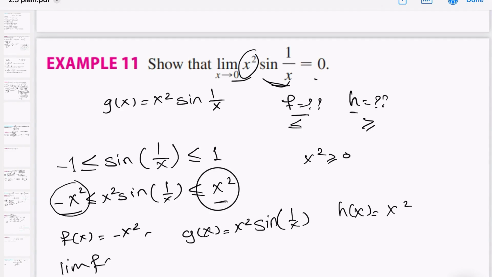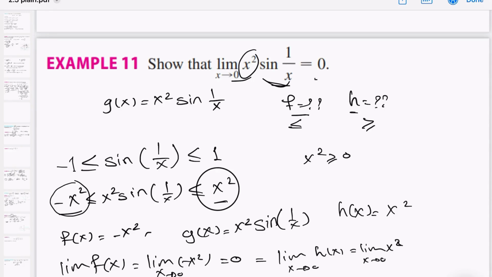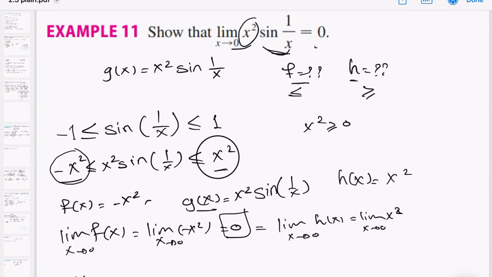The limit of f, which is the limit of minus x squared as x goes to 0, is equal to 0. And this equals the limit of h of x, which is the limit of x squared as x goes to 0, and they are both equal to 0. Therefore, the limit of the function g is forced to be equal to 0. And here is the final answer.